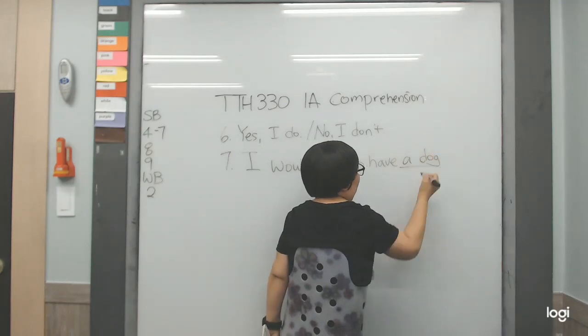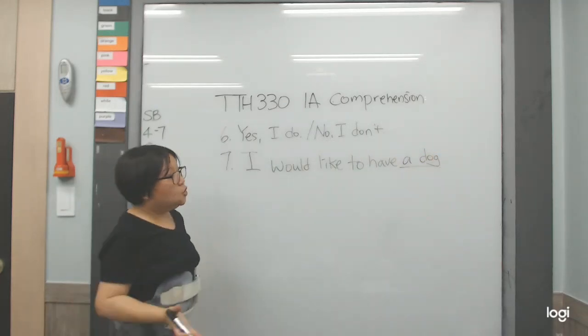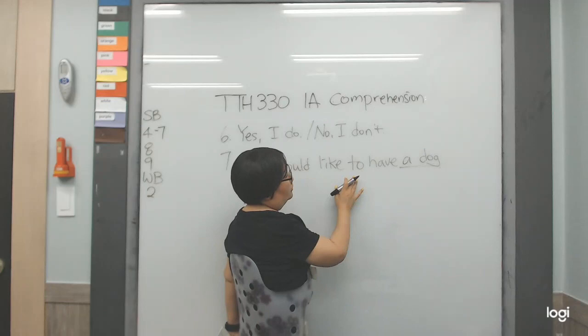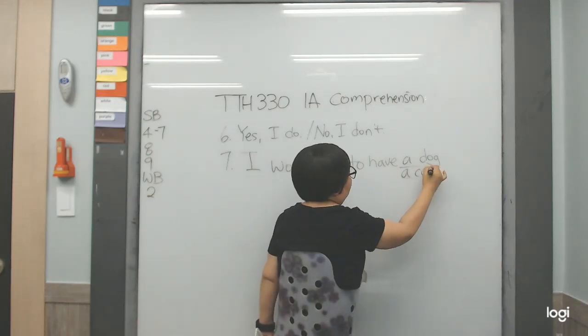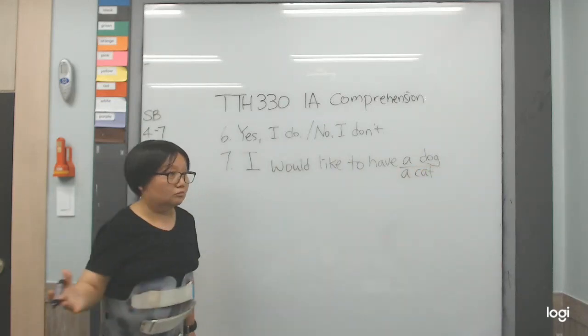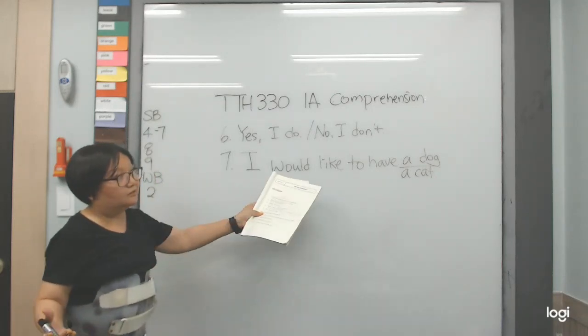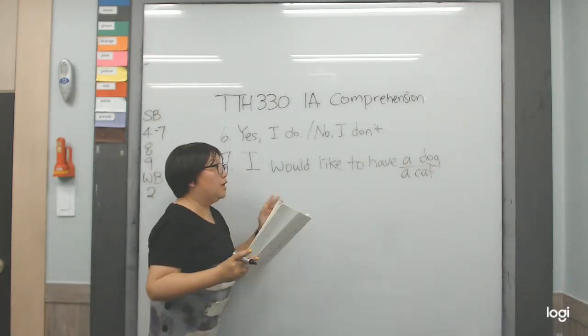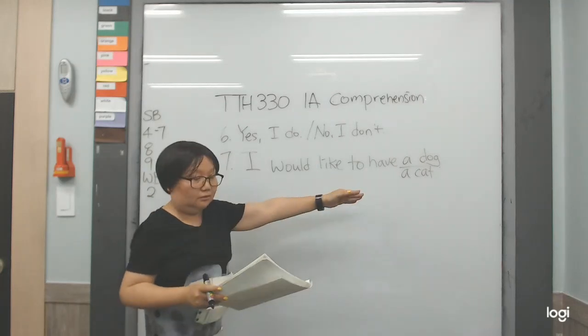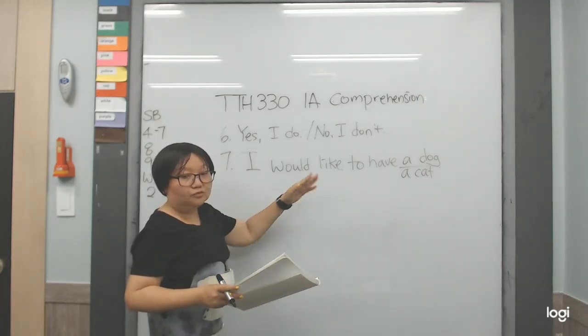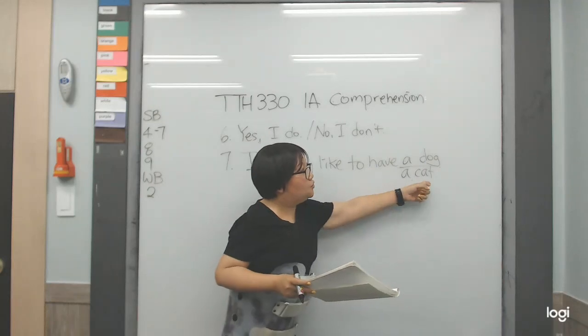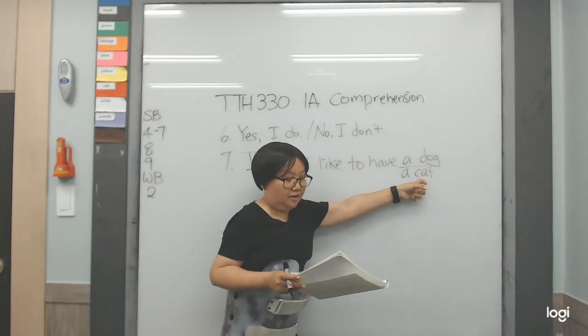You can also say, I would like to have a cat. You can choose. You can say, I would like to have a bird. Or I would like to have a turtle. So there are many choices and then you can choose one thing.